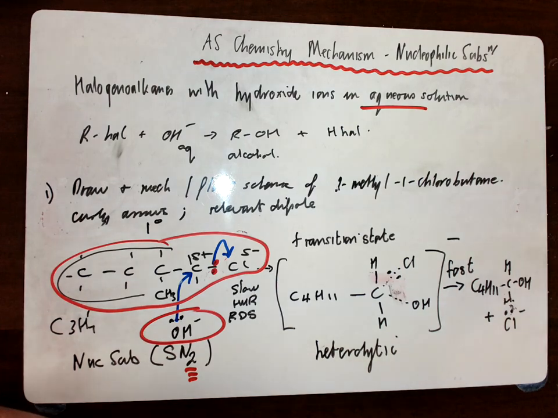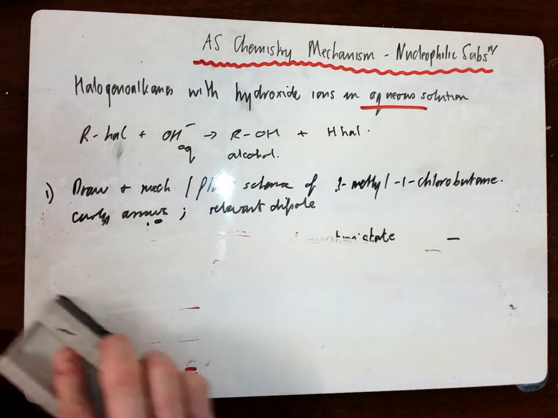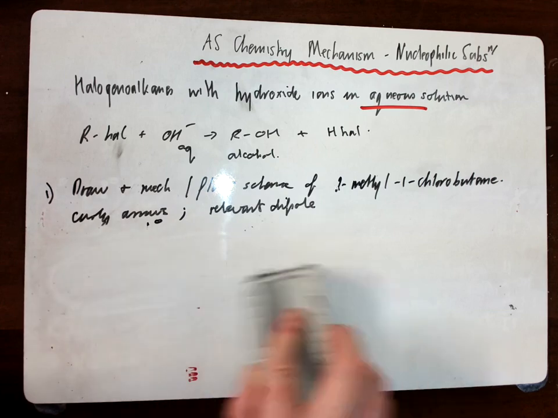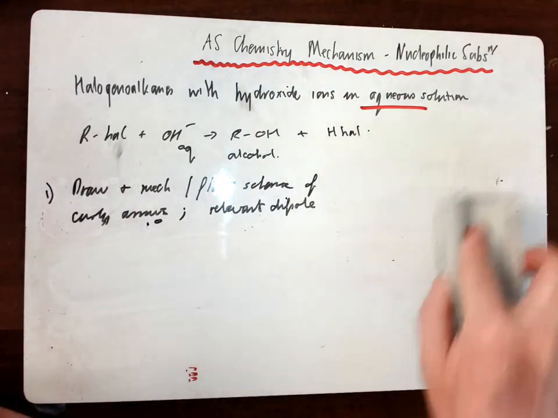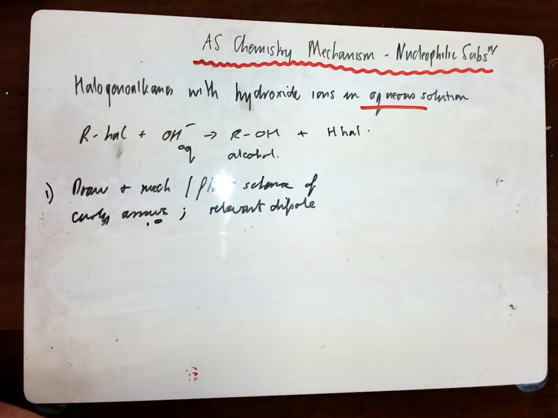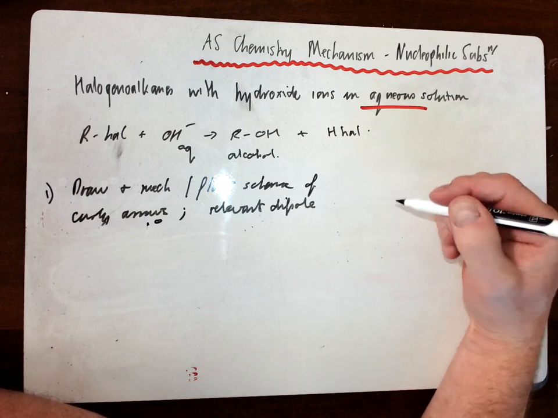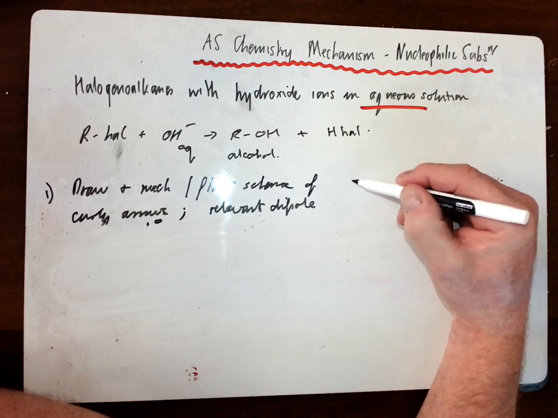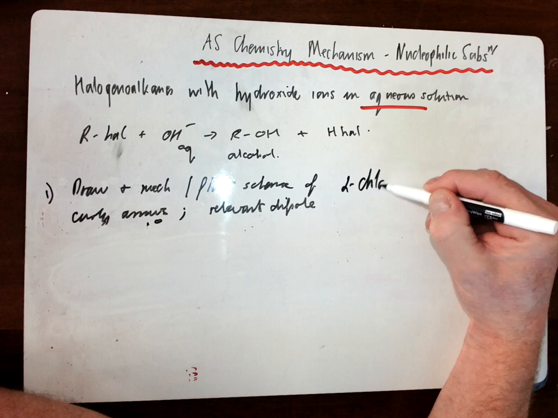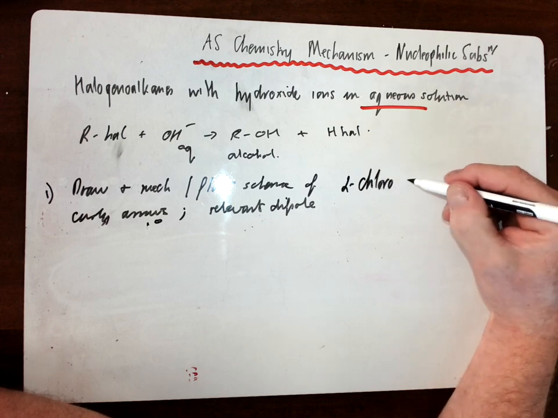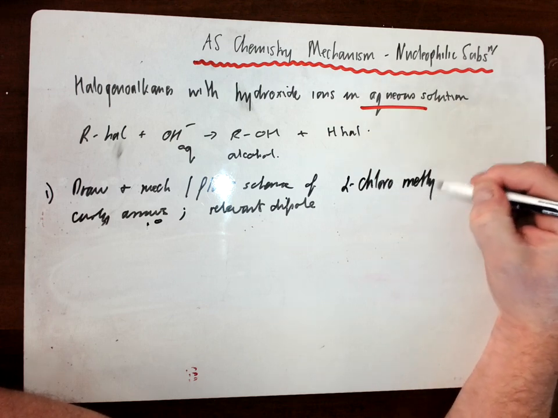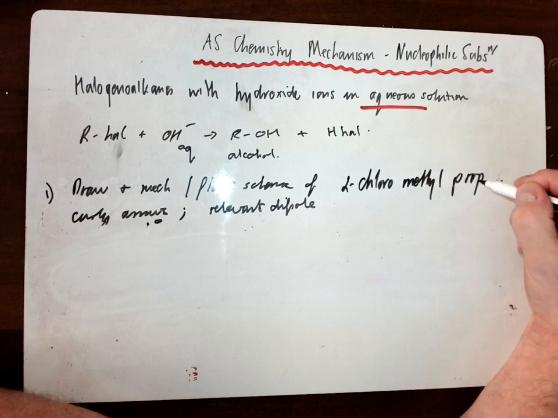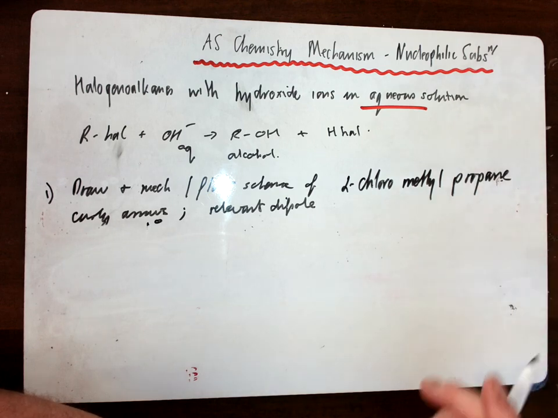Right, we'll have a look at the tertiary mechanism then. Okay, so we'll have to do the same sort of thing. Obviously, we'll take a different molecule this time. Okay, so say we have 2-chloro-2-methylpropane.